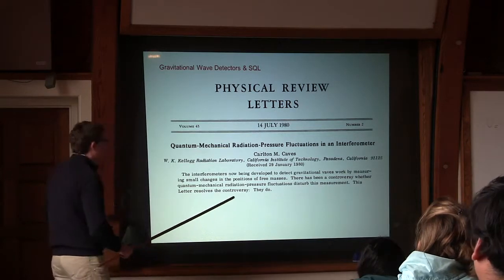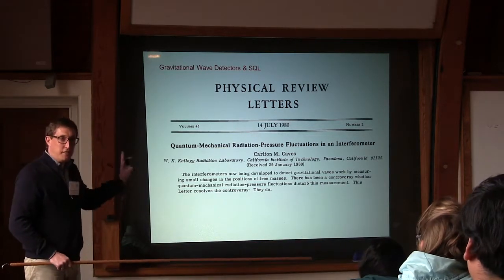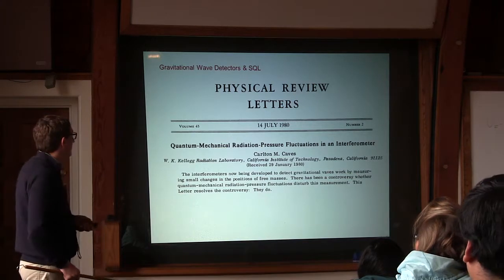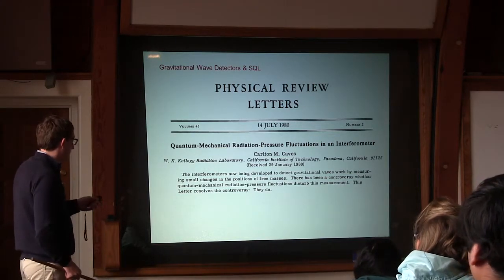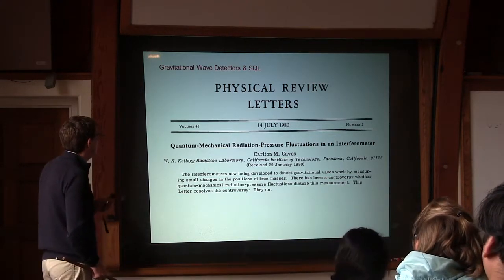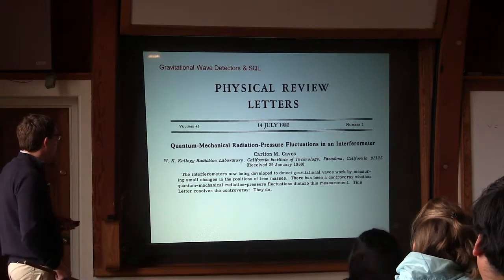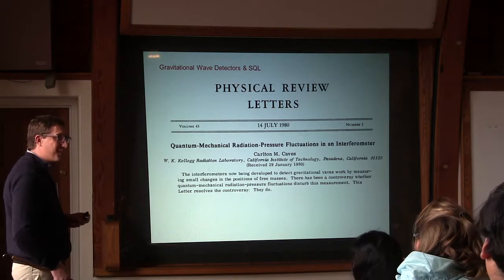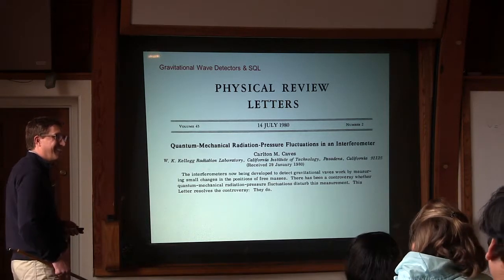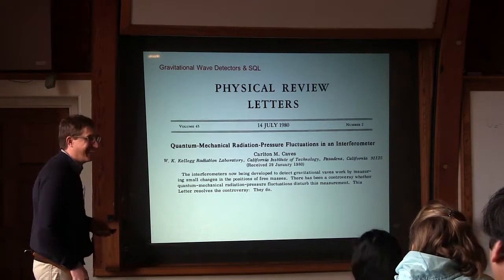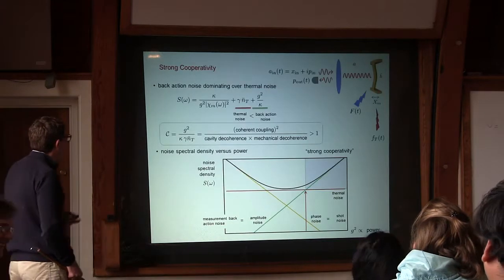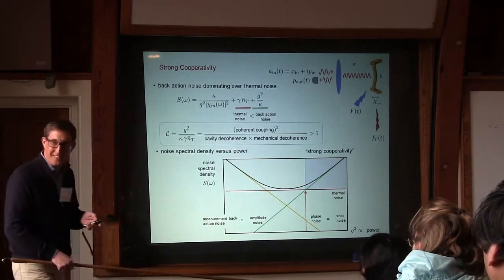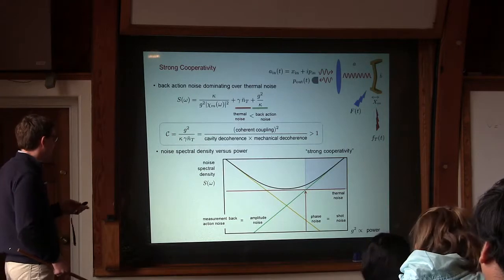This letter resolves the controversy. They do. This is the spirit. We're not always able to write it in such a clear way, but we should always attempt to do so. It depends if the paper has a clear message. If it doesn't, think about whether you should write that paper. All right. By the way, it's a great paper. It's really classic.